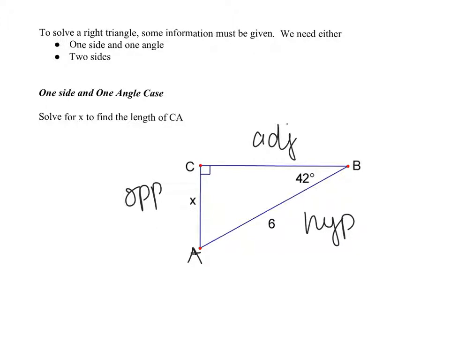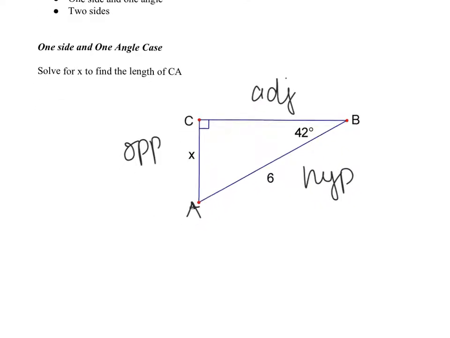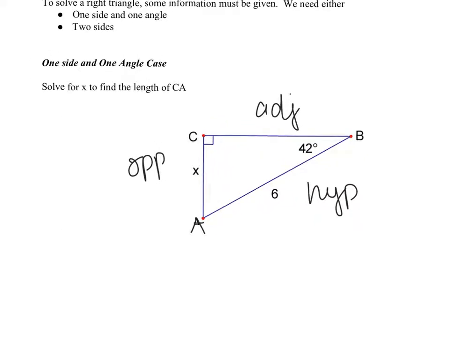We want to find the opposite side and are given the hypotenuse, so we're going to use the trig ratio of sine. So we know sine of our given angle 42 equals our opposite side x over our hypotenuse 6.